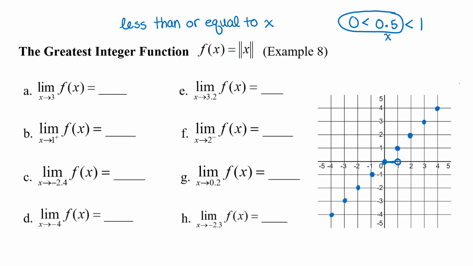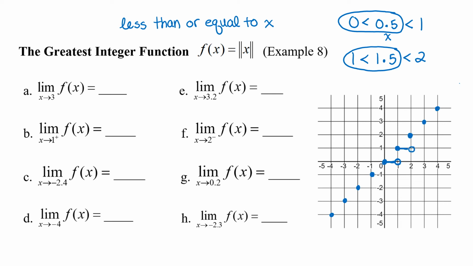Similarly, if we're looking at an input of 1.5, that's in between 1 and 2. But for the greatest integer function, we're interested in the integer that is less than or equal to our x. So if we input 1.5, we'll actually output 1. So anything that is in between 1 and 2 will output 1.